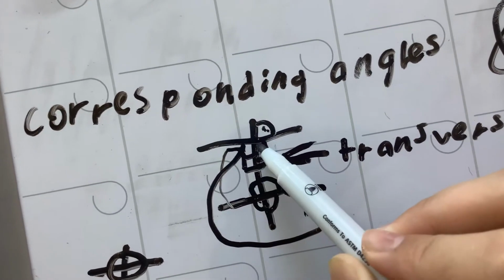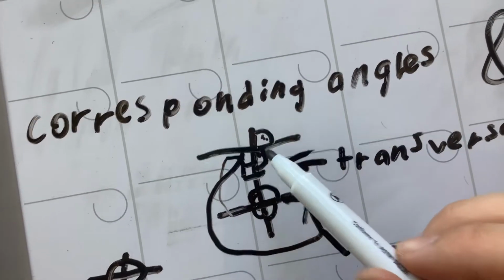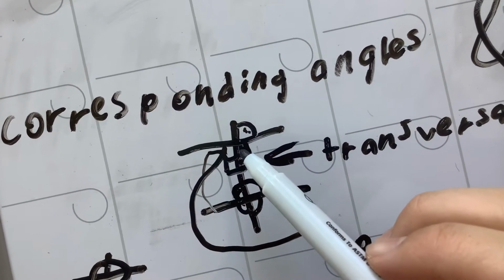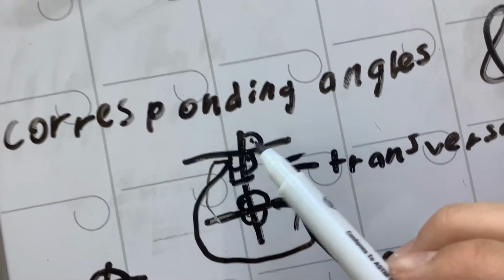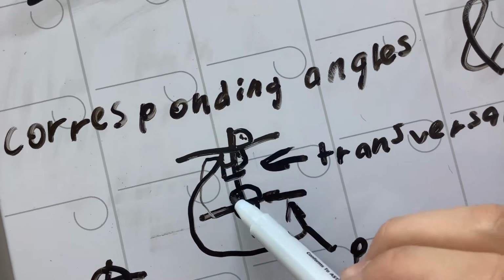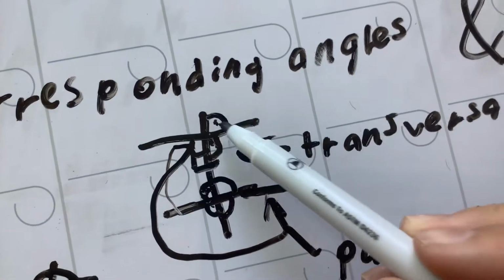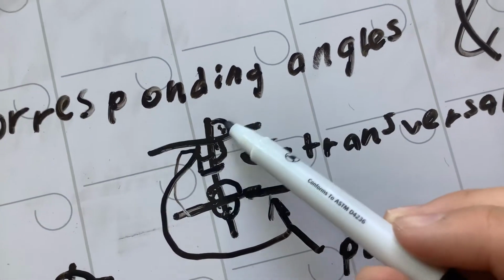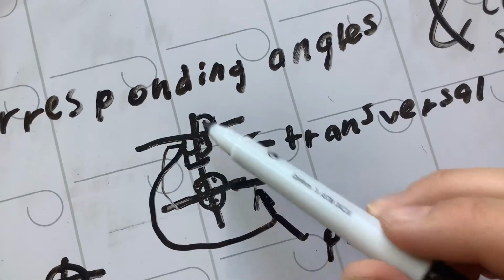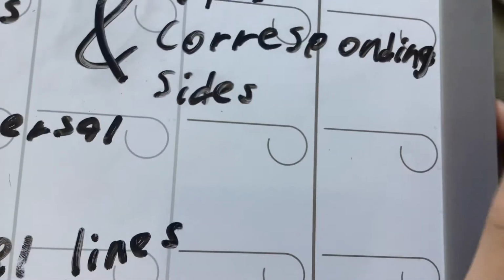These two, this one and this one, are known as alternate interior angles. So now, corresponding angles. This and this are corresponding angles. They will always have the same angles no matter what. Now, let's move to the next one.